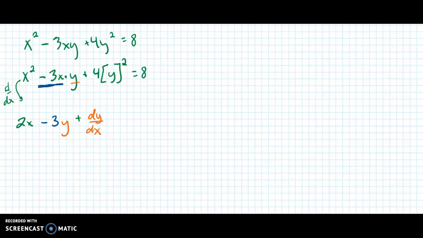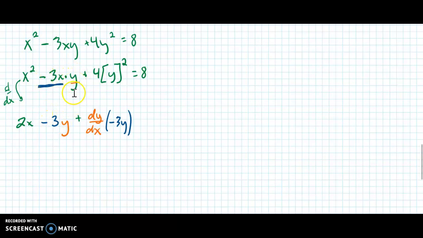Next term is the first, right? So a lot of times people mess up this piece right here. The first is times minus 3y. A lot of times people will miss this negative on the second term of their product rule because they look at this and they say minus, oh, it goes here. All right, then I get the derivative of the first is 3 times the y.